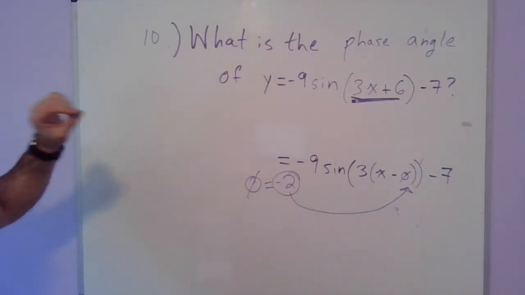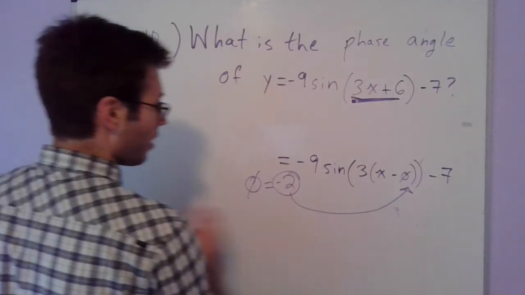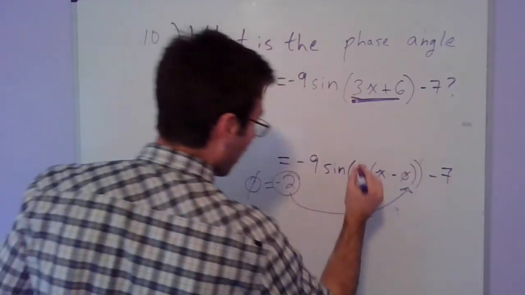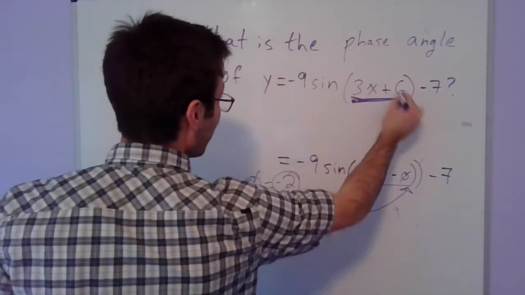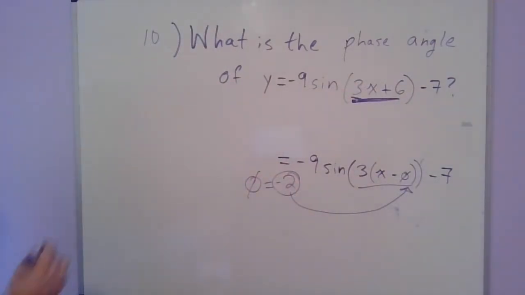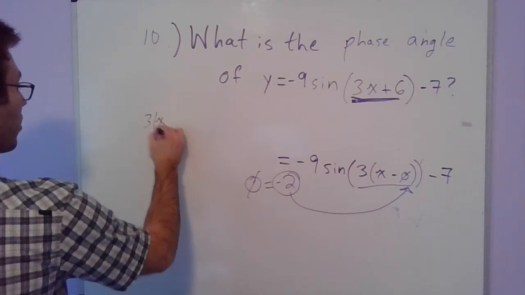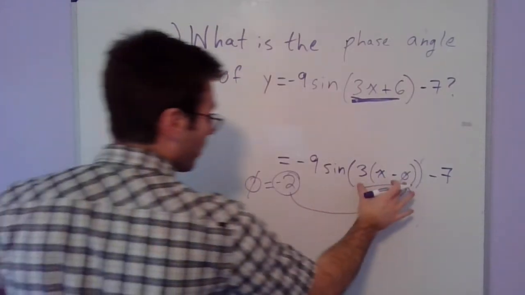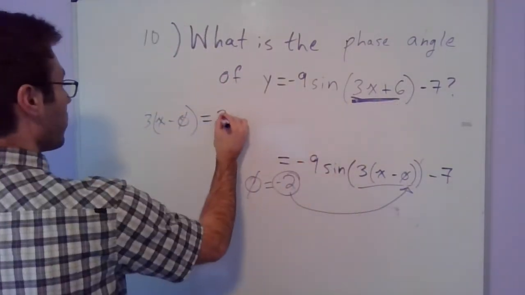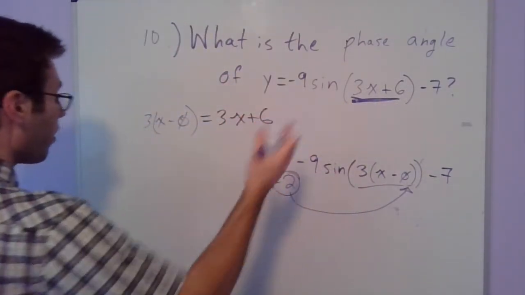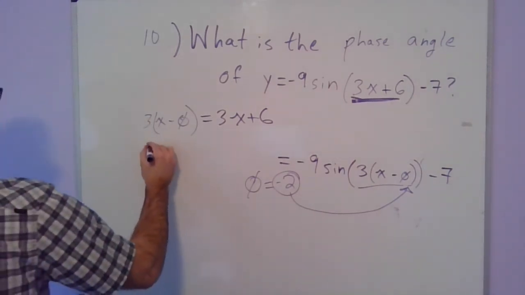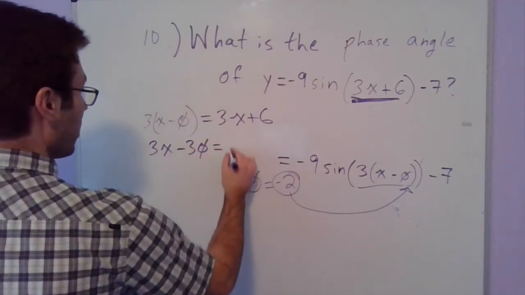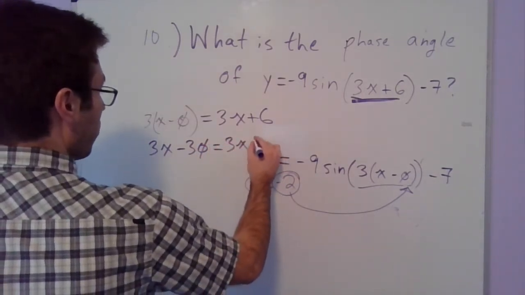I want to point out another way of doing this. You could try and guess it, but the way that I typically do it is I have this and this right here. I could just set 3x minus 3 phi equal to 3x plus 6 and solve for phi by hand. So I get 3x minus 3 phi is equal to 3x plus 6.